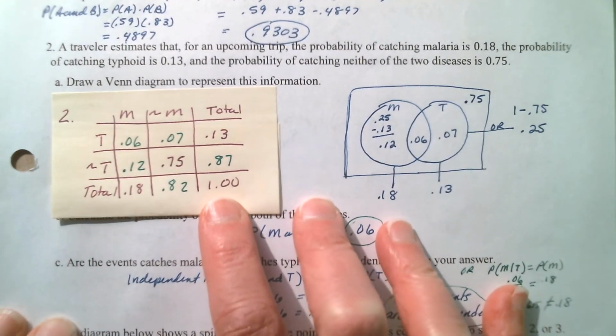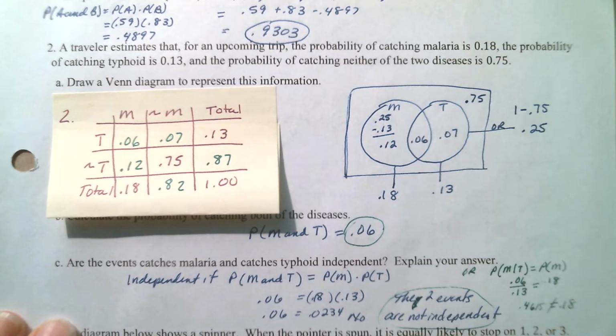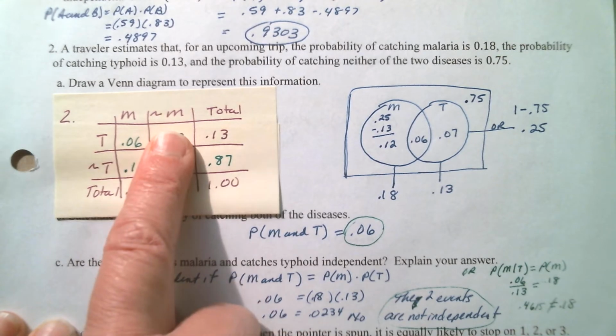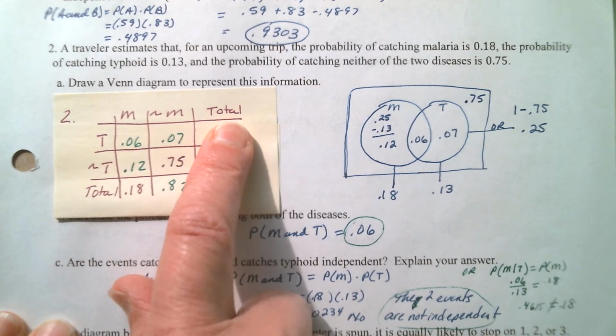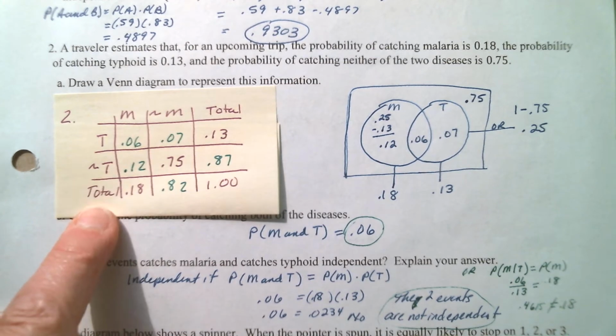Number 2, and I've really gotten to like the two-way table, so I'm going to show you that first. A traveler estimates that for an upcoming trip, the probability of catching malaria is 0.18. So I did malaria, not malaria, and then total. And the probability of catching typhoid is 0.13. So T for typhoid, and then not typhoid, total.